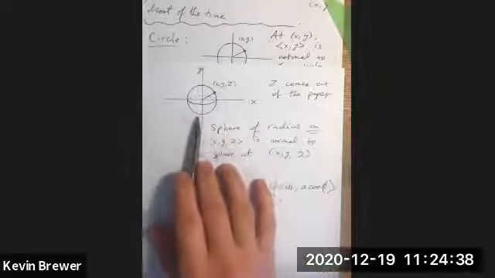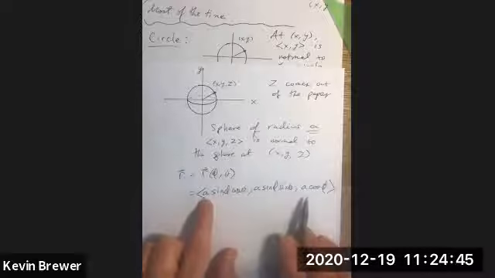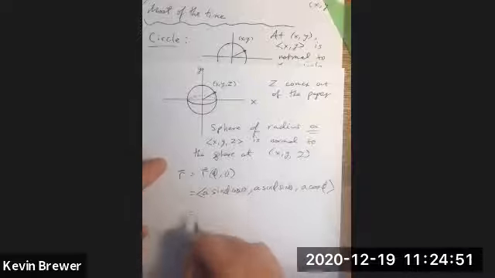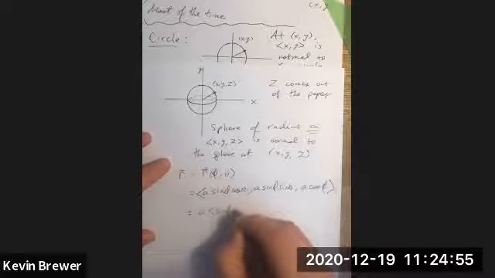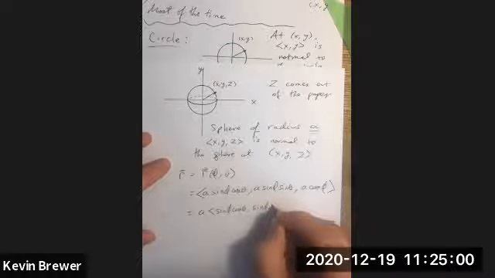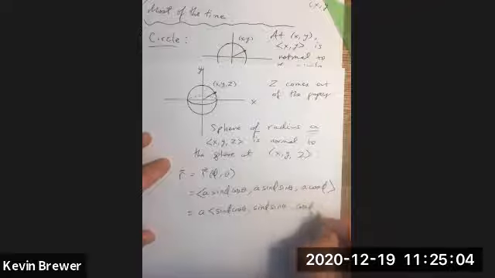This parameterization then traces out the sphere. What's the magnitude of this vector? The magnitude of this vector is a. But we can factor that a out. So this is a times (sine phi cosine theta, sine phi sine theta, cosine phi).